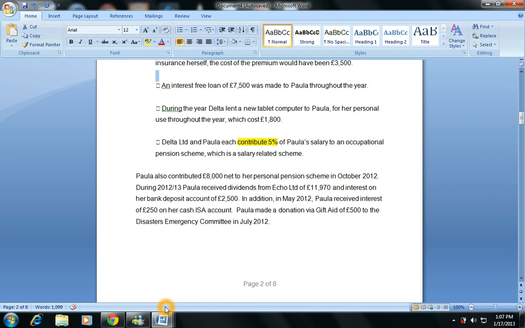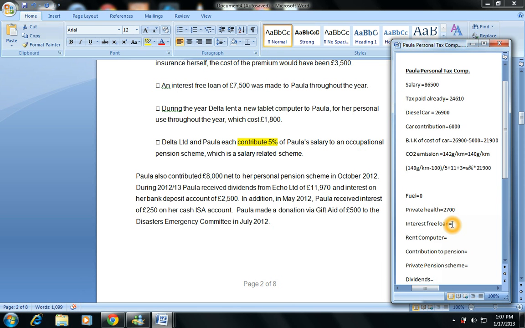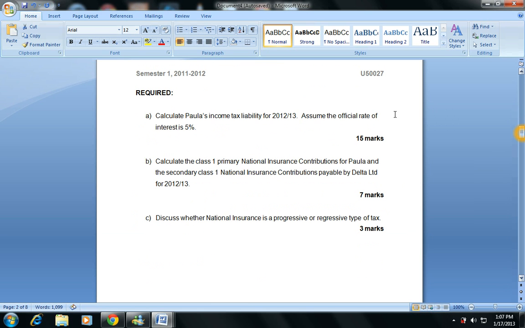Right, she got an interest-free loan, and what the law says is that if she had gone somewhere else, that 7,500 that she got from her employer or a company without paying interest, yeah, we take the actual interest that could have been paid in the year, which he says assume the official rate of interest is 5%.